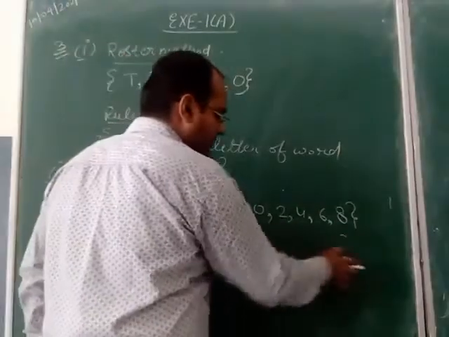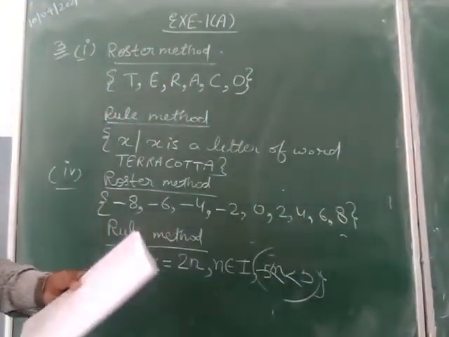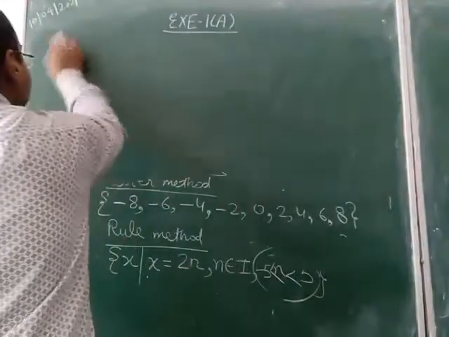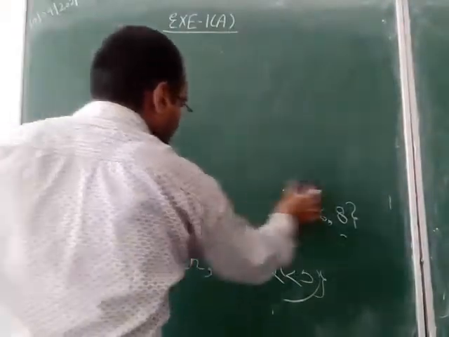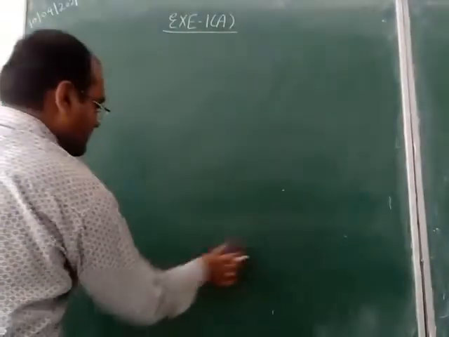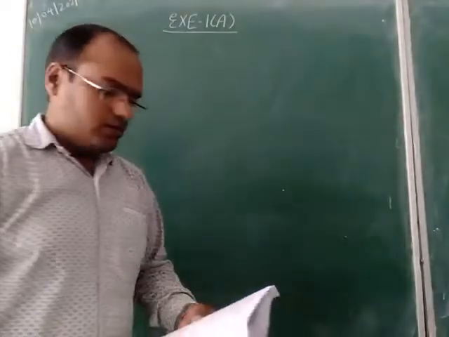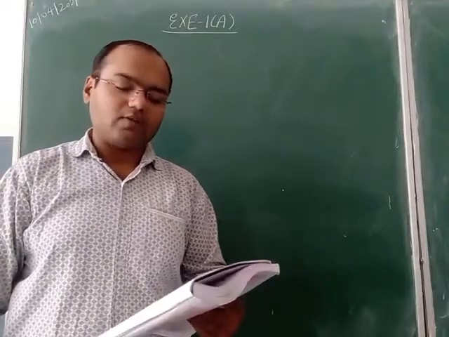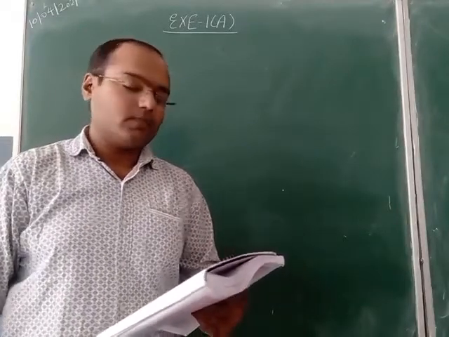Now question number 4. Write the following sets in tabular form and find their cardinal number.